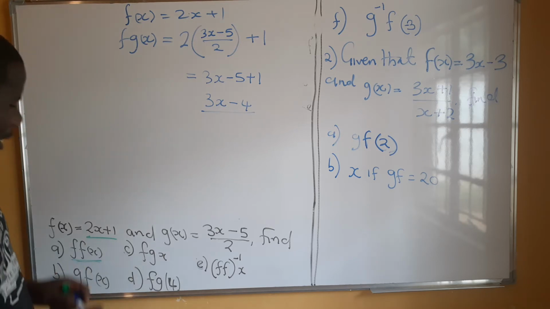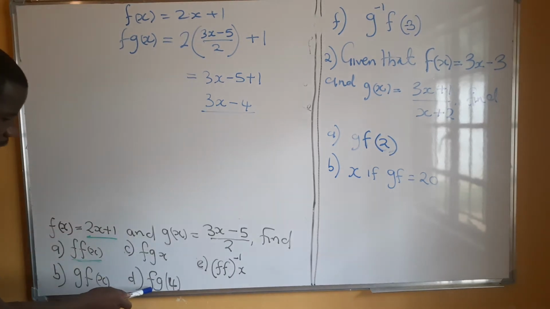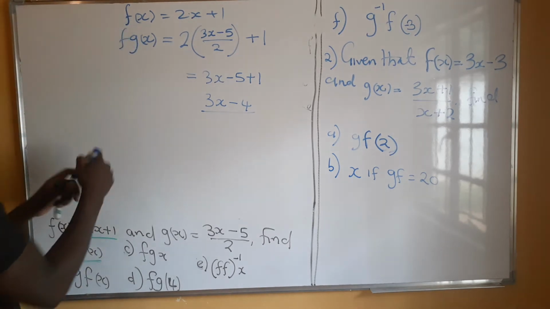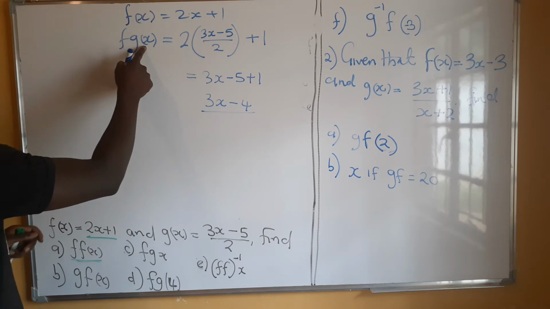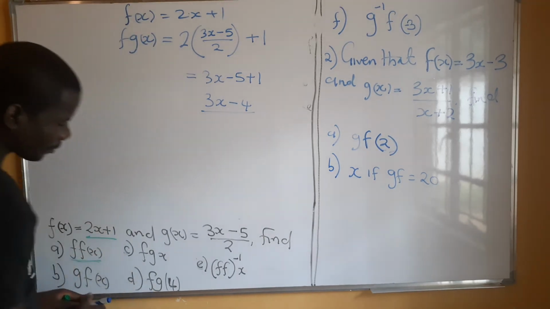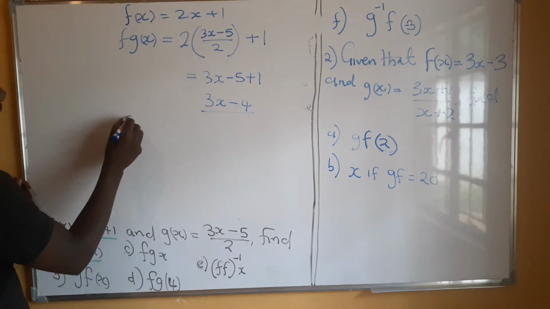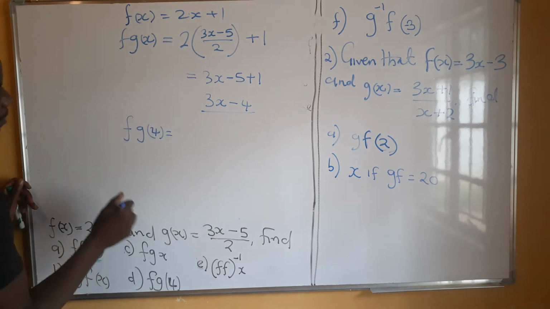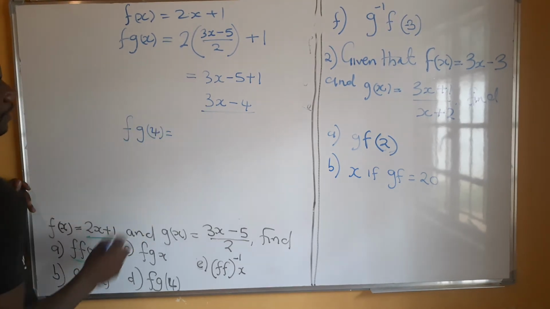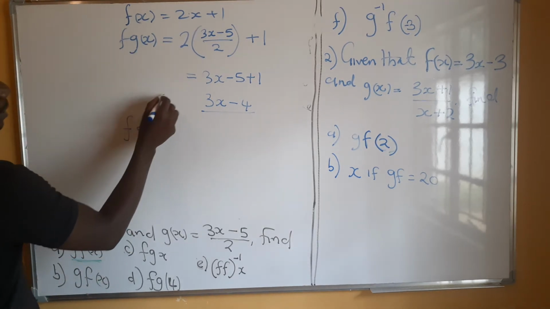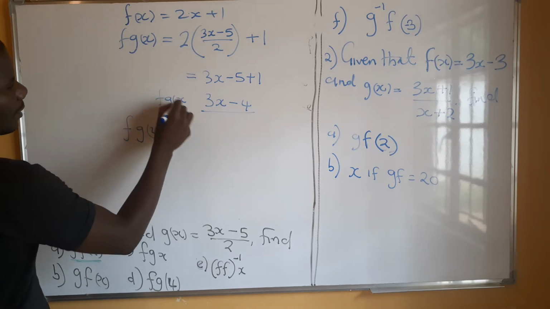So now, let this lead us to the fourth question. Remember that here we have fg. Now, fg of x, g of x into f. Alright? Now, on this question, what do we have? We have fg of 4. So meaning in this fg of 4, where there is x here, like what we got, because this was our fg of x.